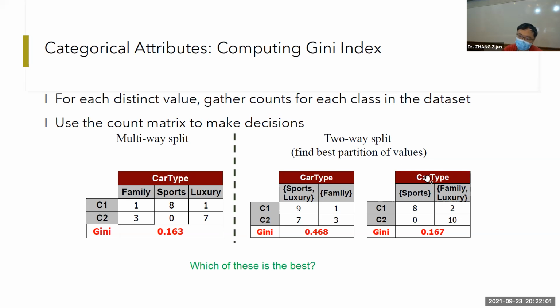But if we consider another two-way split, where we leave sports as one and merge family and luxury, then one node is pretty pure, and the other is 2 versus 10. It's getting much better, but compared with the multi-way split, which is 0.163, this 0.167 is slightly higher.